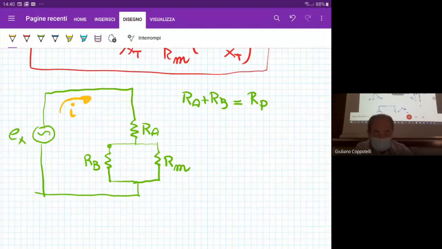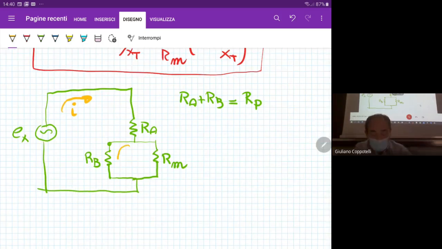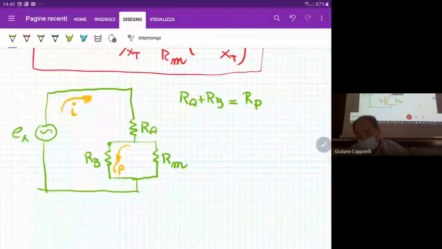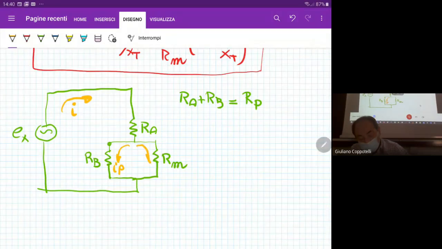Having said that, now from the electrical point of view, you can call the overall electrical current I. This electrical current is divided into two flows. I call them IP, the current that is flowing through the potentiometer, and IM, the current that is flowing through the measuring device.